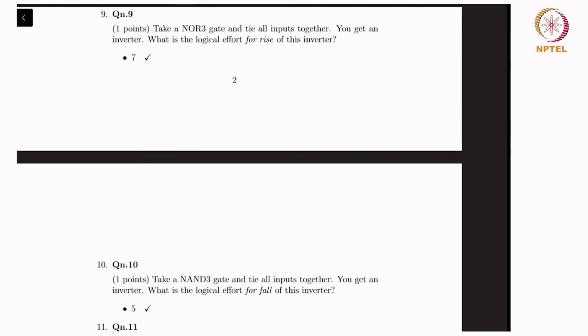In question 9, we are asked to take a NOR 3 gate. PMOSes have 3 times the reference size because it's a 3 stack, and NMOSes have size 1, and we need to tie all the inputs together.